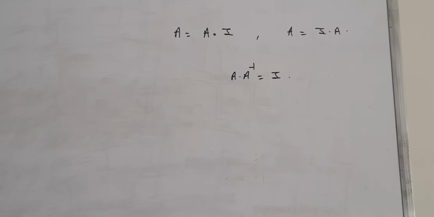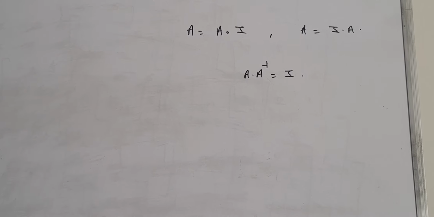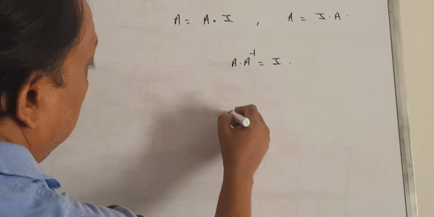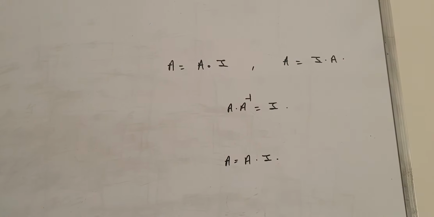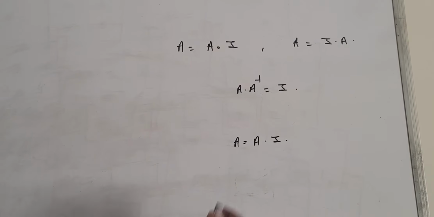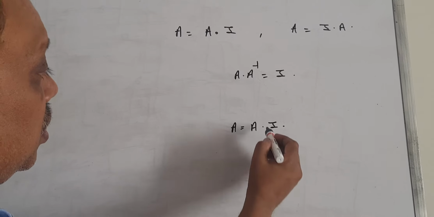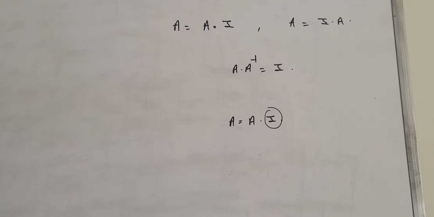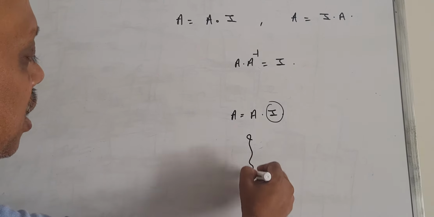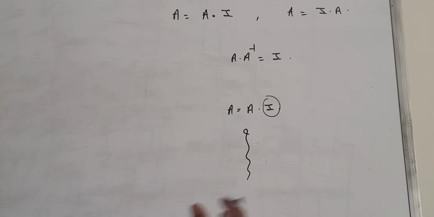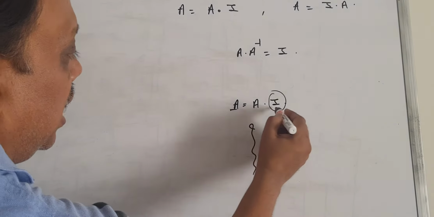Suppose I take A is equal to A into I. Suppose matrix A is given, whatever. I is the identity matrix. We apply the elementary operations on both sides, here and here.